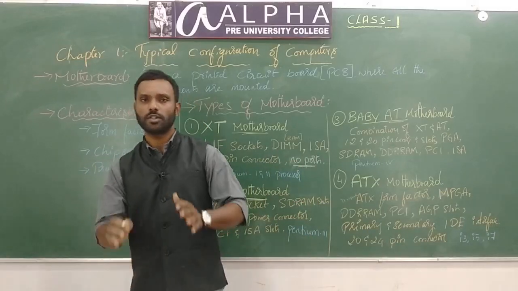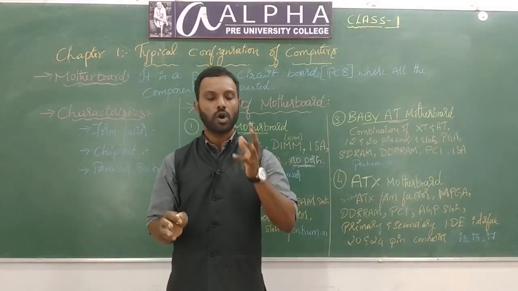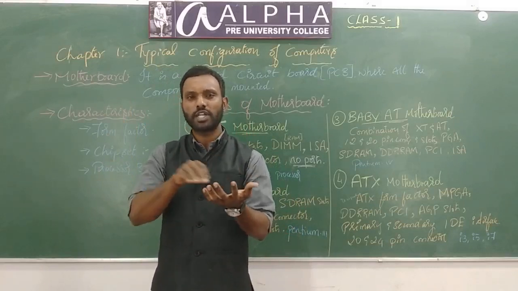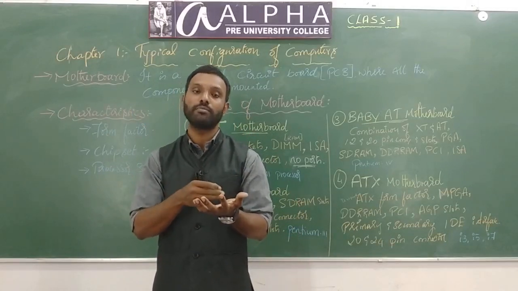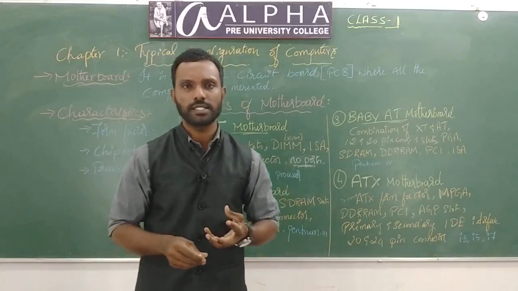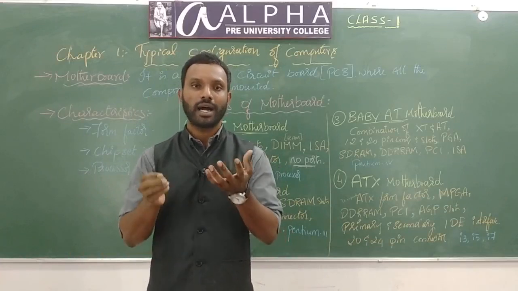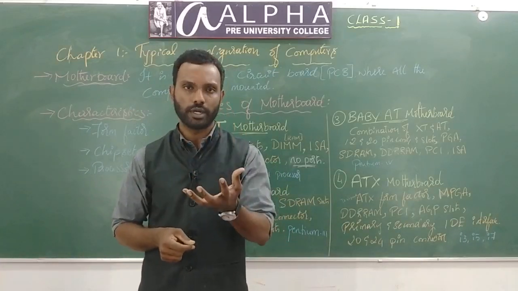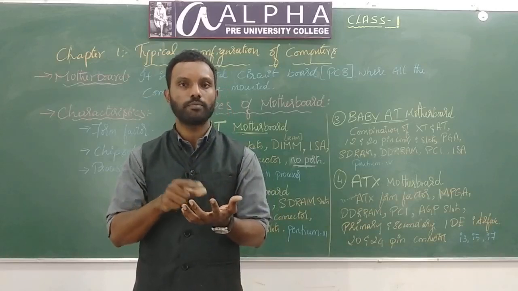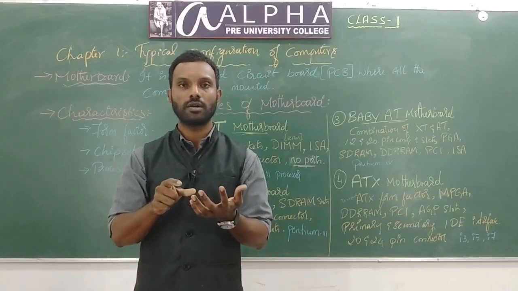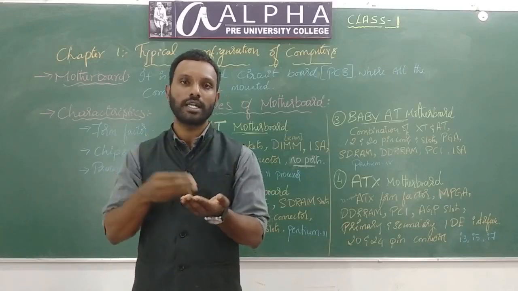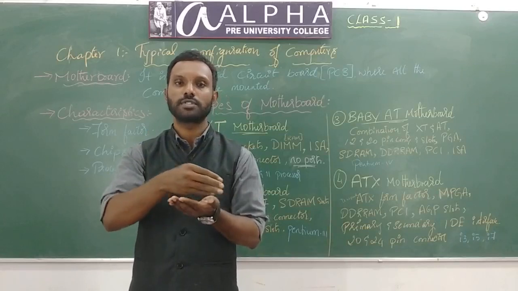The CPU comprises a lot of components. All those components have to be kept in a particular way so that the data can flow correctly. All the components related to the CPU are kept on a particular board in the form of a circuit. Why the circuit form? Because to transfer data or make data flow correctly from one component to another, it has to be in a circuit form.